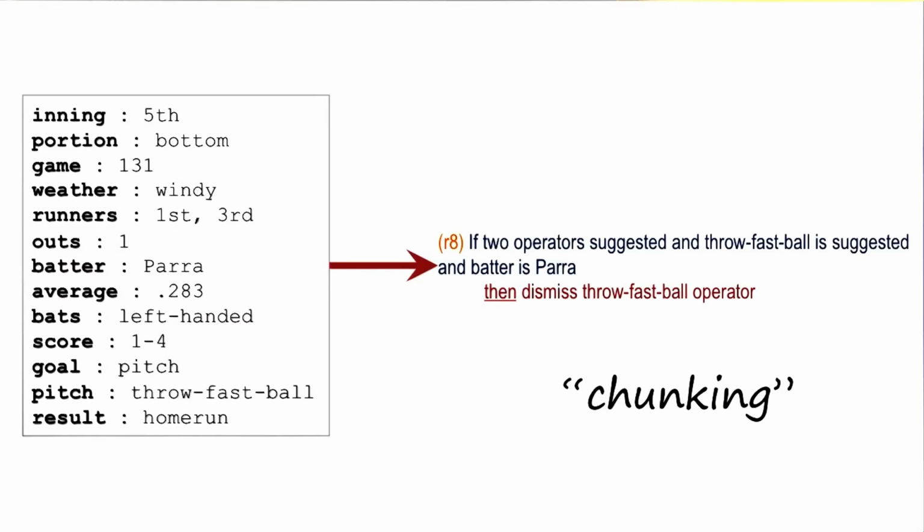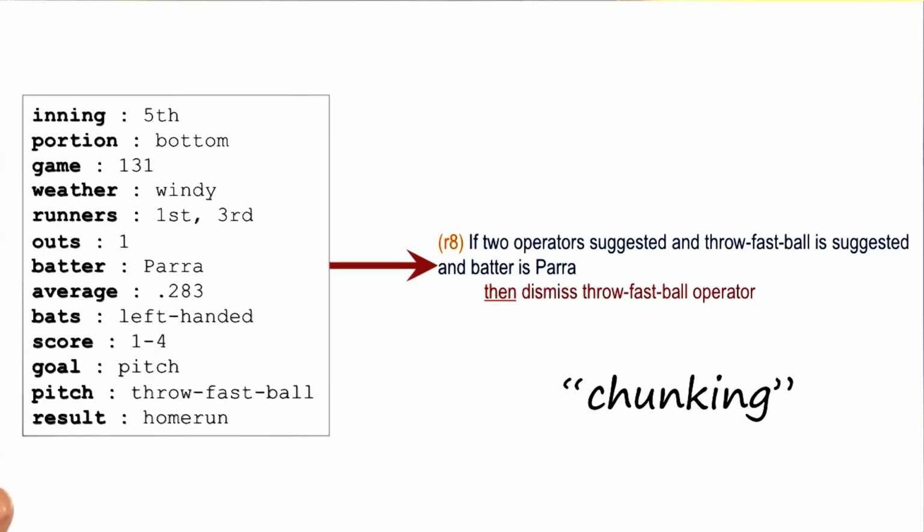SOAR now searches through its episodic memory and finds an event that has some knowledge that might break the impasse. In particular, it looks at the percepts of the current situation that we had in the previous slide and compares them with the percepts of similar situations in the event memory, in the episodic memory, and finds if there is any information available about the current batter.